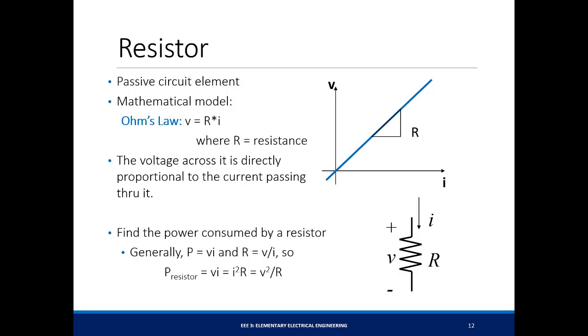So next, from your sources, we have now your resistor. A resistor is a passive circuit element, which means it always consumes power. That's why in a resistor, the current always flows from positive to negative. That's the natural flow of your current, correct?